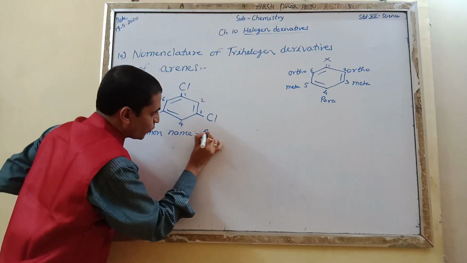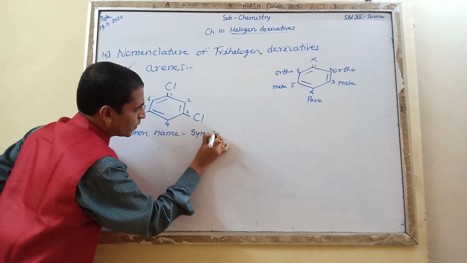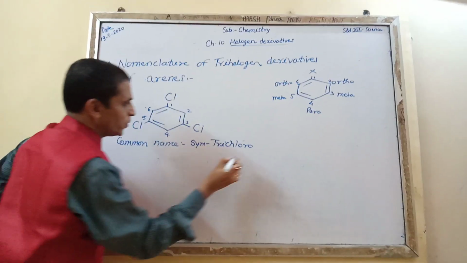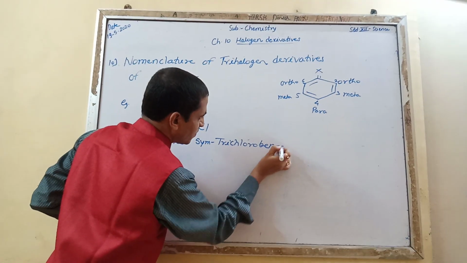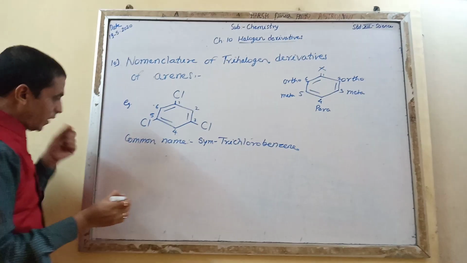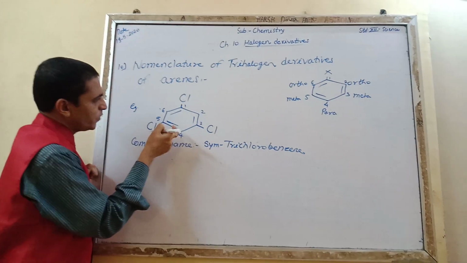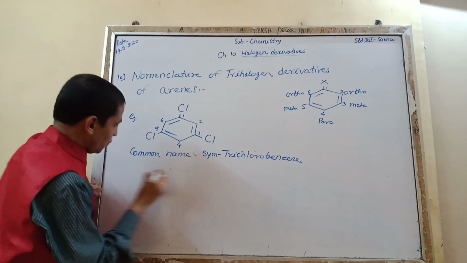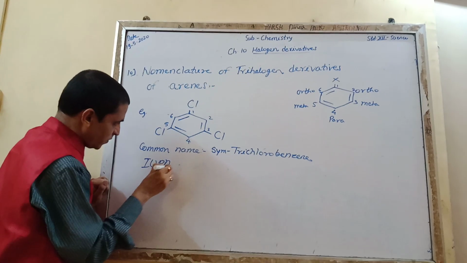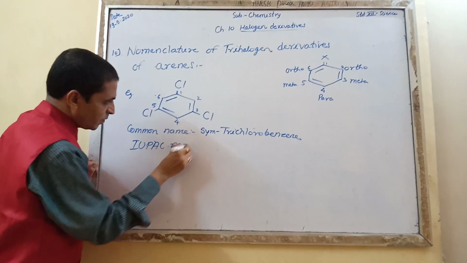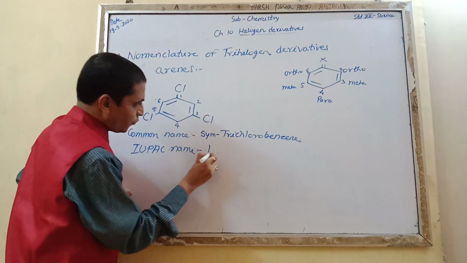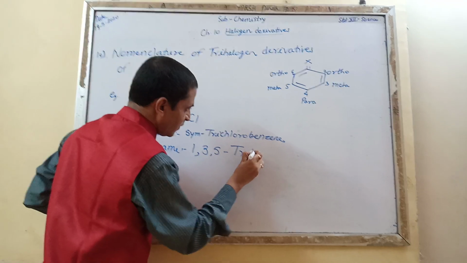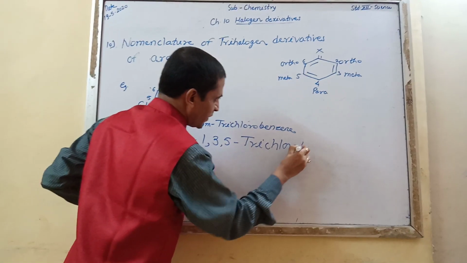So it is written as what? Sym-trichlorobenzene, because 3 chlorine, trichlorobenzene. And you know that in an aromatic ring, carbon atoms are sp2 hybridized. Okay, and we see the next one, IUPAC name. It is written as 1,3,5-trichlorobenzene.